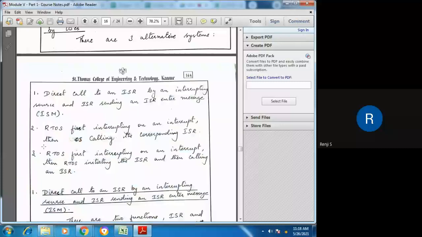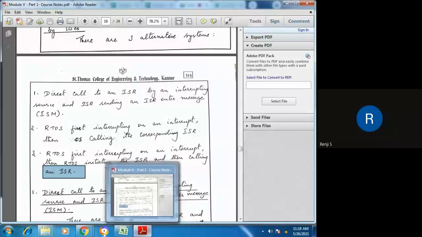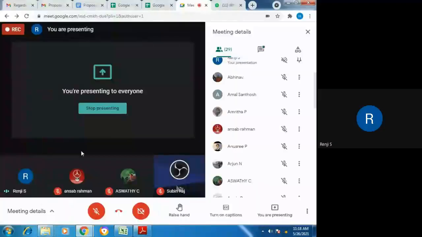Third, again, the interrupt request is sent to the RTOS, but the RTOS initiates another ISR, which checks the priority of the currently arrived interrupt, and then it calls the interrupt service routine corresponding to the interrupt that has arrived. Okay. Is it clear?